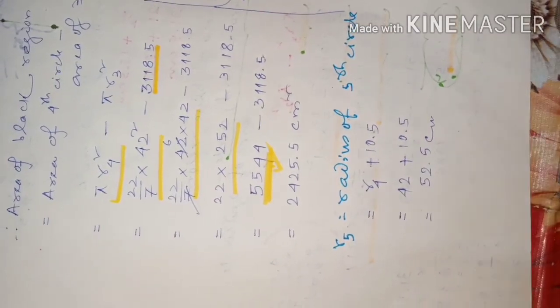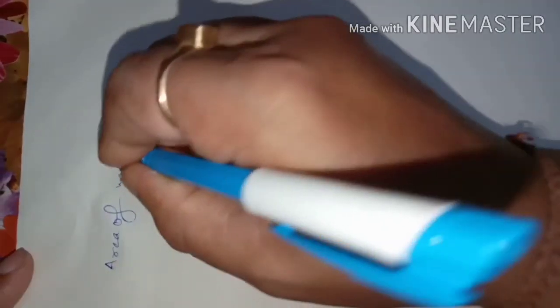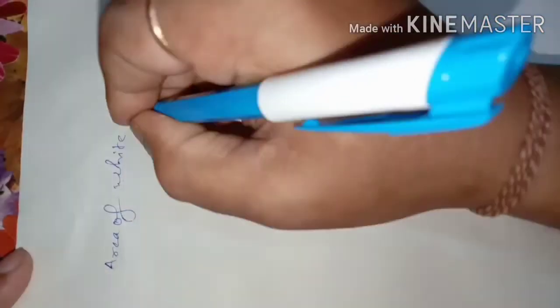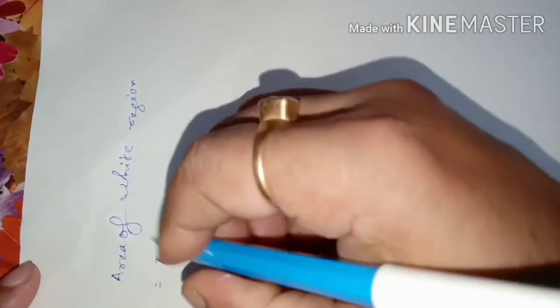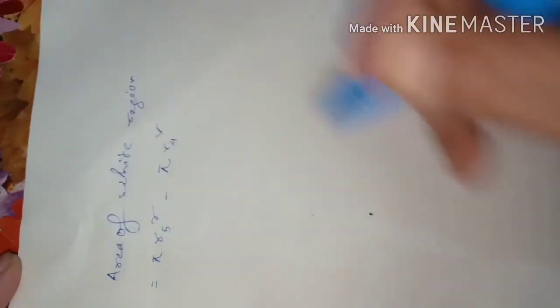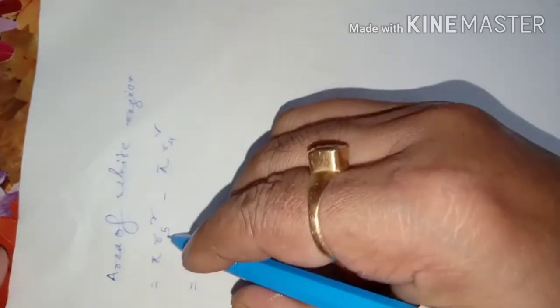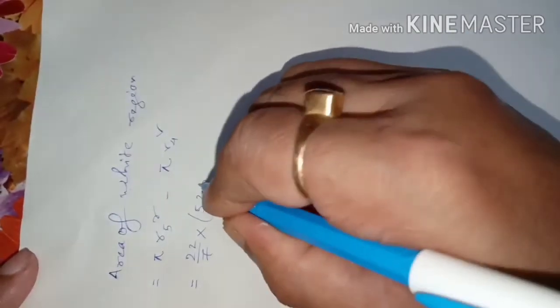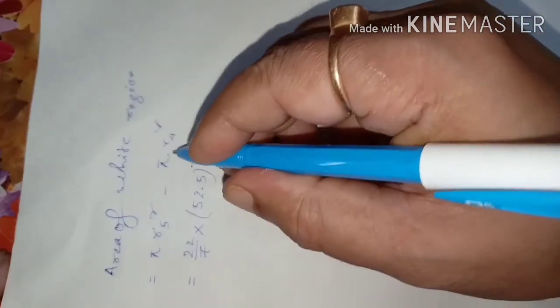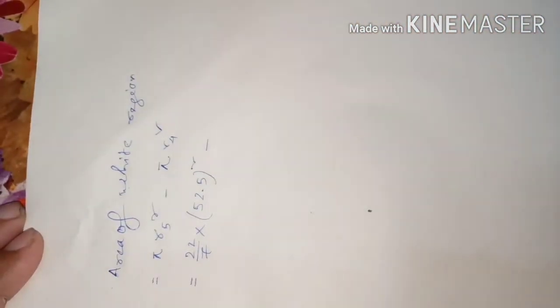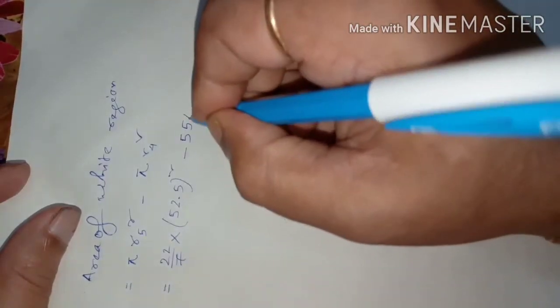Now we can write the area of the white region. Area of white region is equal to pi R5 square minus pi R4 square. Pi is 22 by 7 into R5 is 52.5 square minus area of fourth circle, 5544.